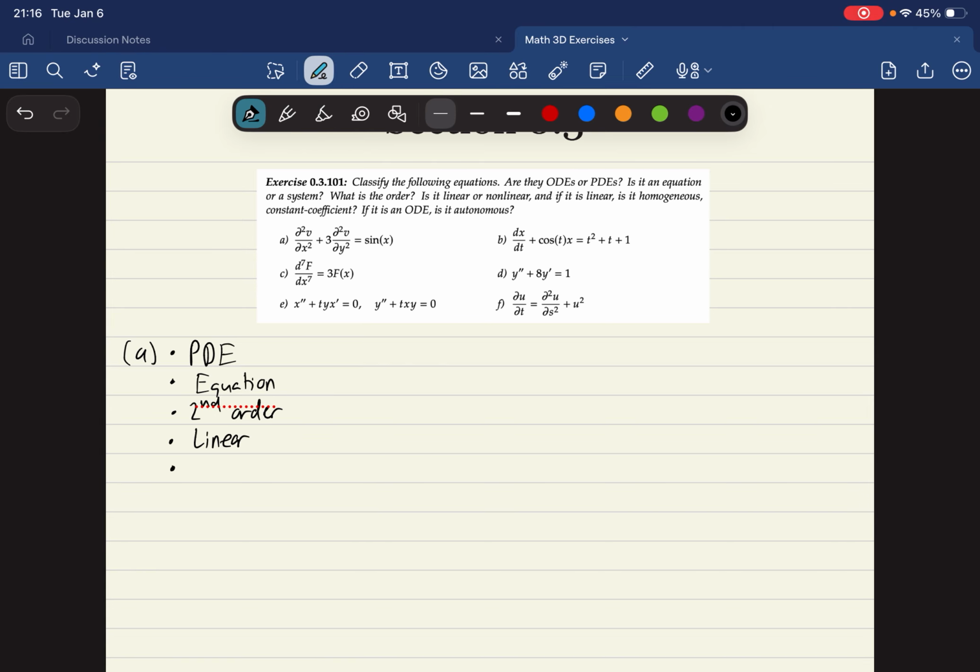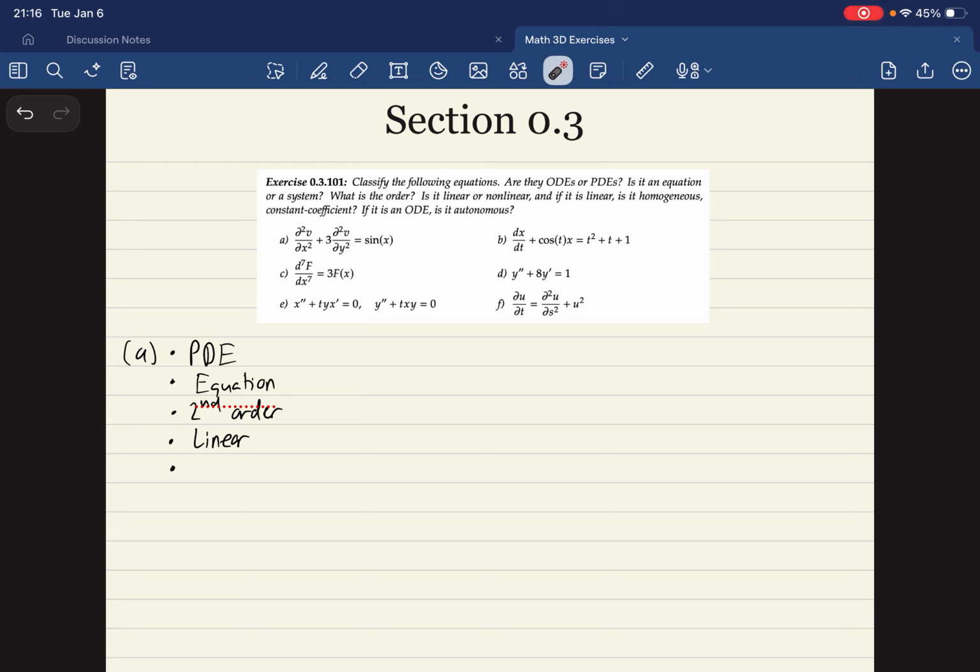There's another way to determine whether an equation is linear or nonlinear, but that's something that I'll discuss in a later video. Right now, it's more pertinent to just recognize when a differential equation looks like a linear one or not.